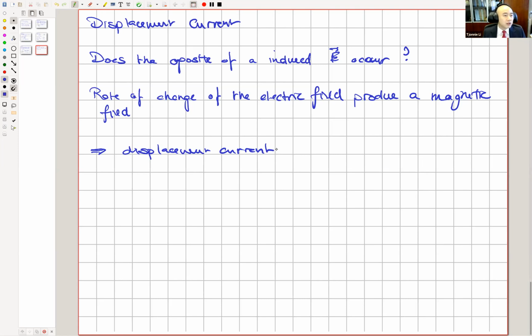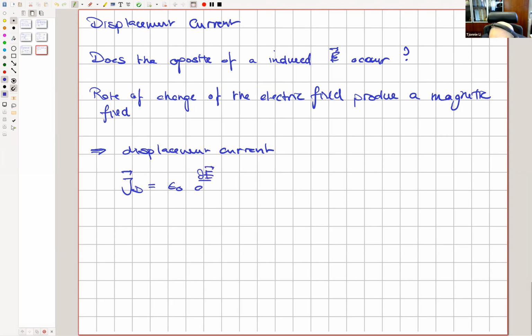It's really only in modern times that we shifted the thinking to fields. So that's why the notion of a so-called displacement current is still prevalent, even though you don't really need this concept.